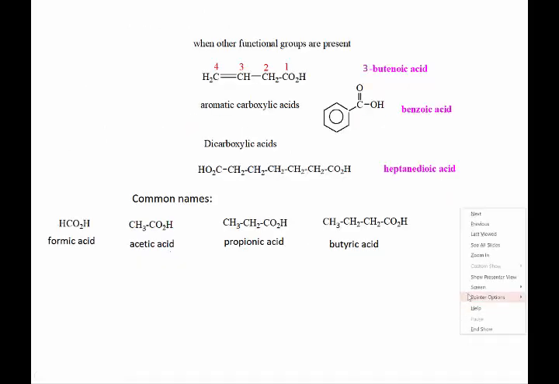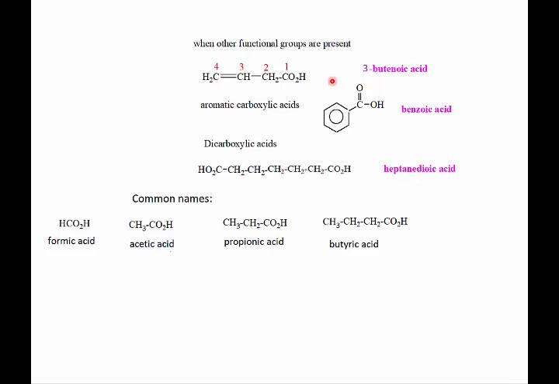All right, let's consider a case where you have a compound that has two functional groups, one of which is a carboxyl group. In the example here, we have a 4-carbon compound that has an alkene group and a carboxyl group. The question is, should we name that as a carboxylic acid that contains an alkene group, or should we name it as an alkene with a carboxyl substituent?